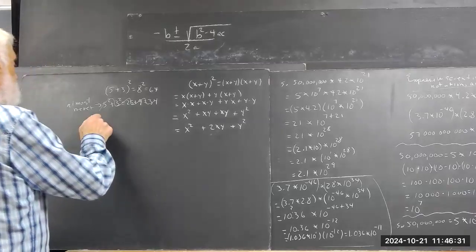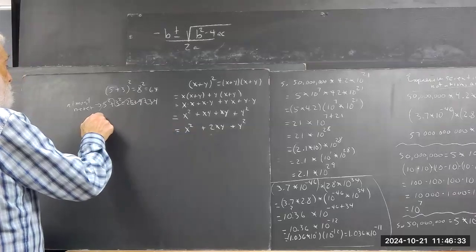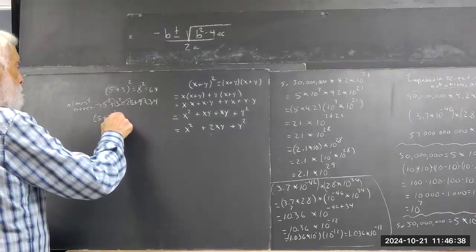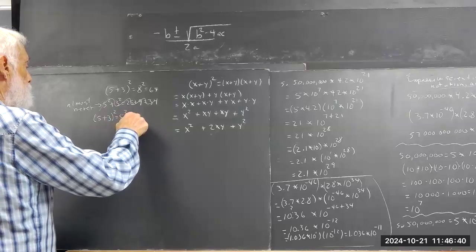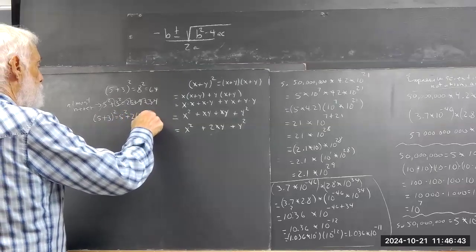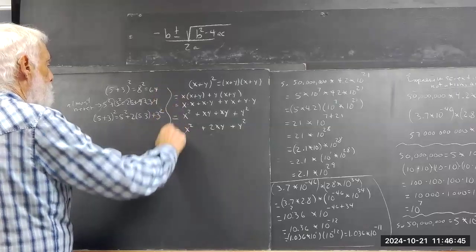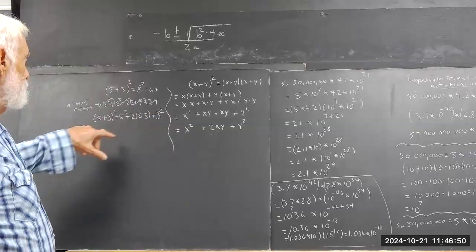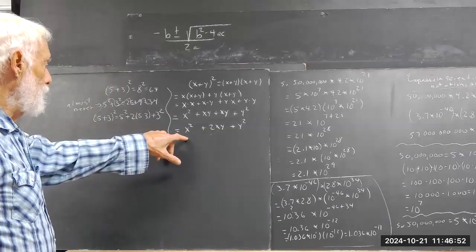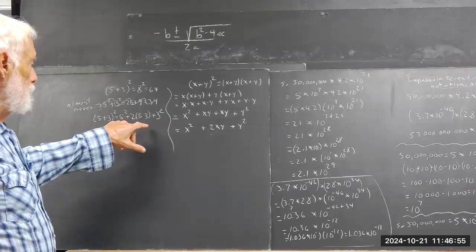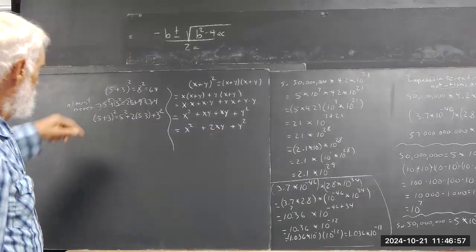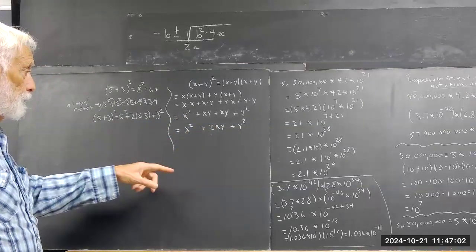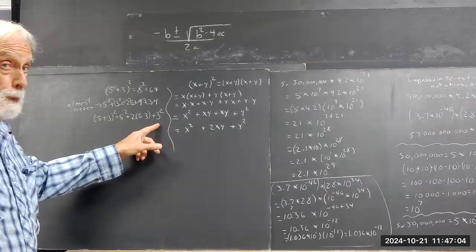Okay. Now, according to this formula, 5 plus 3 squared, if you let x stand for 5, and you let y stand for 3, you see that this expression here, x squared, is then going to be 5 squared. y squared, of course, will be 3 squared.